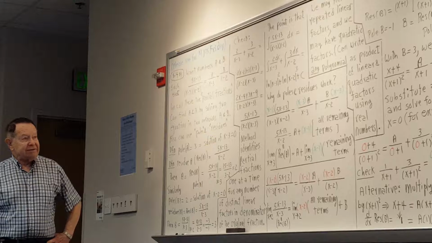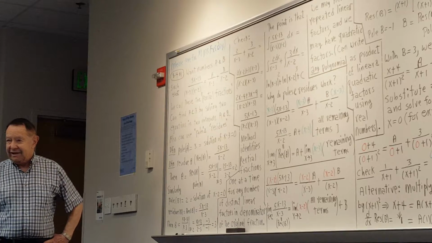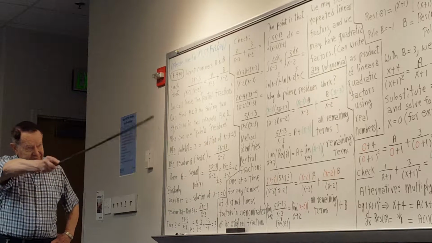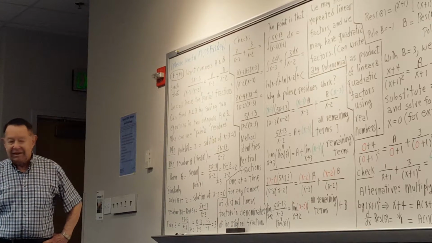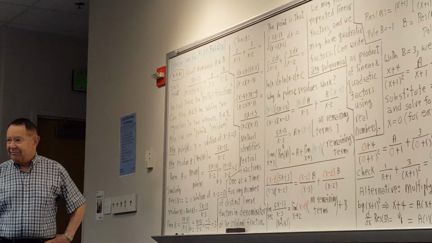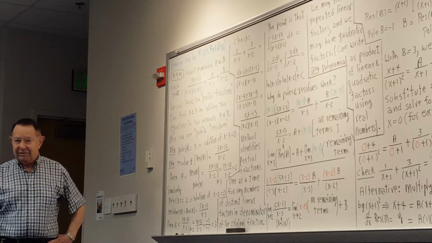It may be, especially if you get the quadratic factors, as we will do here in a few minutes, you may feel that it's more trouble to work with complex numbers than it's worth.